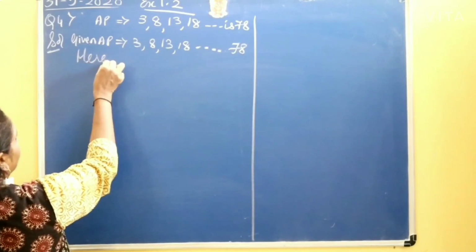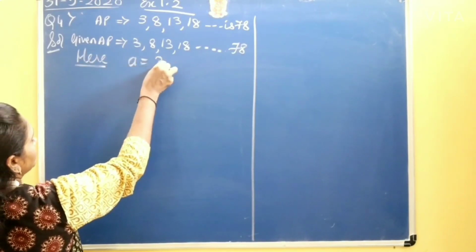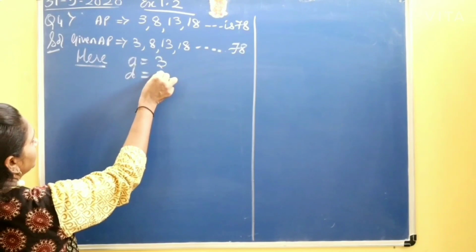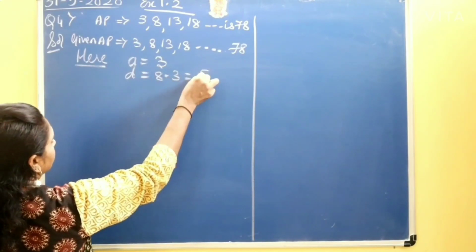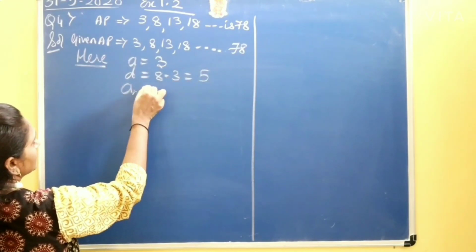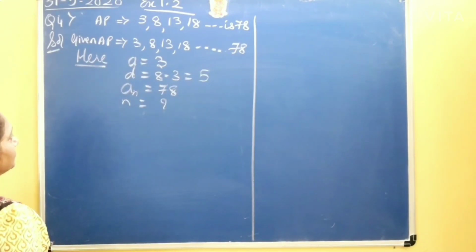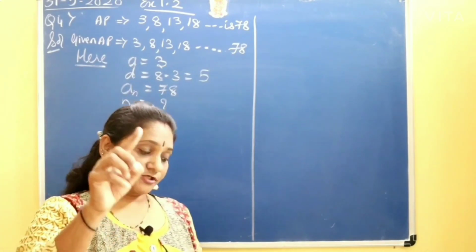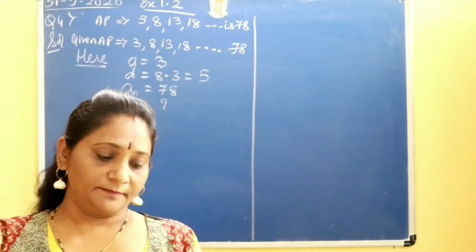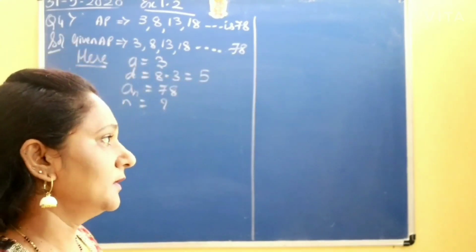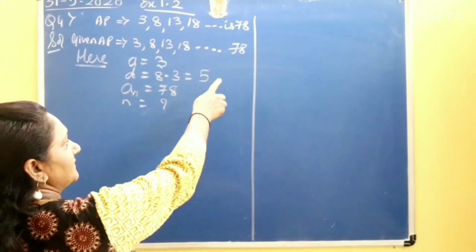A equal to 3, D is equal to A2 minus A1, that is 5, AN is equal to 78, N is equal to question mark. They have asked which term, which means you have to find N. The given nth term is 78.